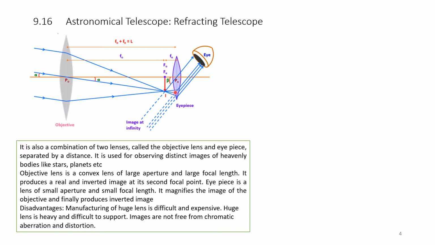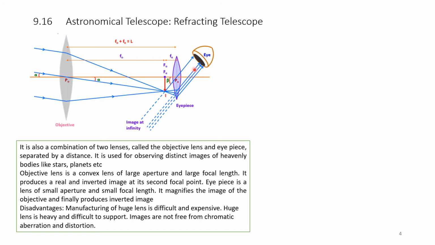Whereas the eyepiece is a lens of small aperture and small focal length. It magnifies the image. This eyepiece magnifies this image I and finally produces an inverted image at infinity, which can be seen through an eye.